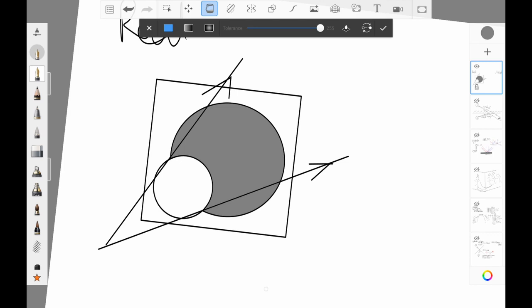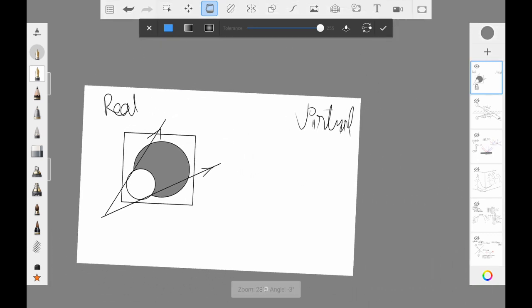And again, the formation of a real image can be observed through a pinhole camera, and it's obviously produced on a screen. So that's a real image.